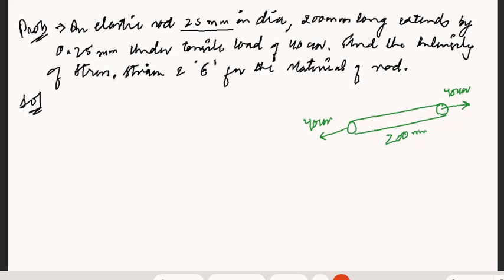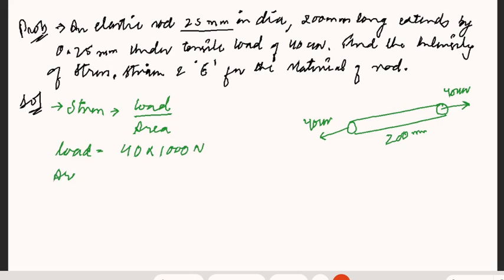Before we calculate the intensity of stress, we already know how to calculate stress. What is the formula to calculate stress? It is simply load per unit cross-sectional area. We already know the load is 40 kilonewton. Let's bring it into newtons, that means 40 into 1000 newtons.